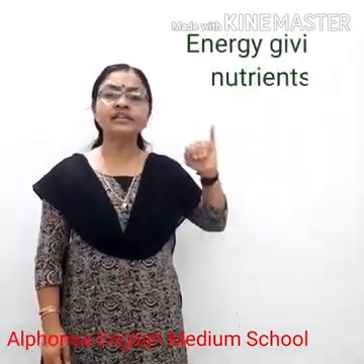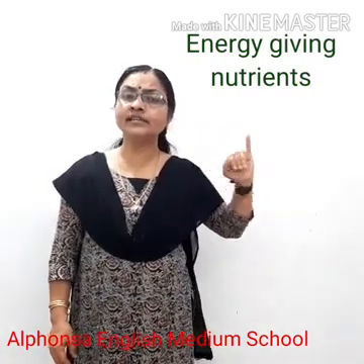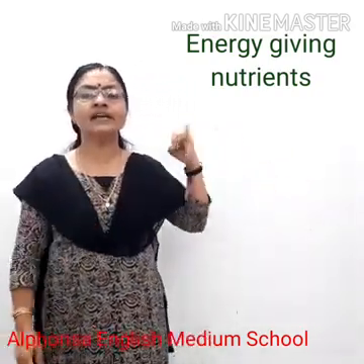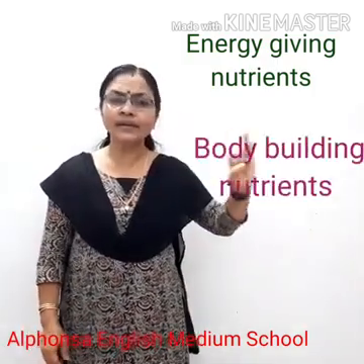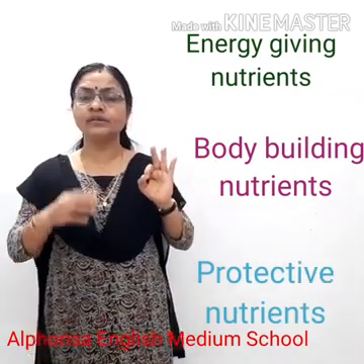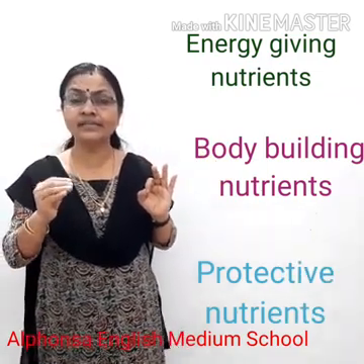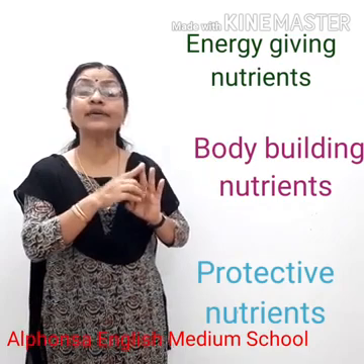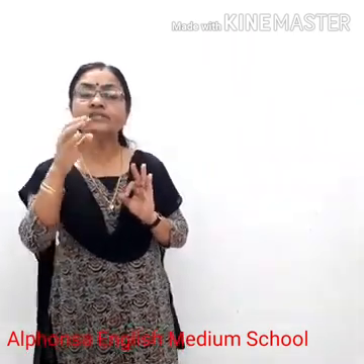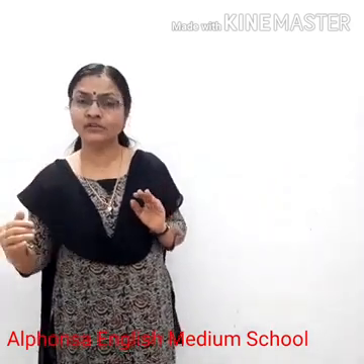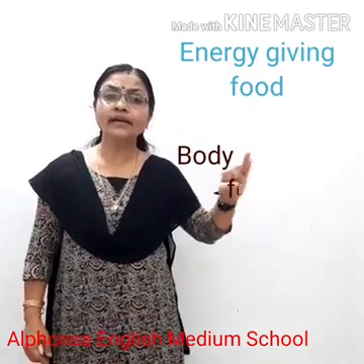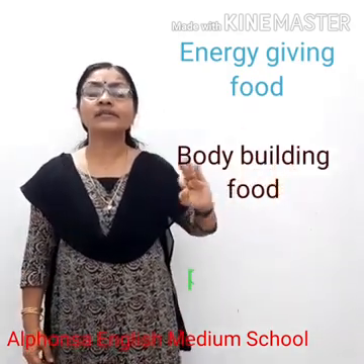They are energy giving nutrient, body building nutrient and protective nutrient. Because the nutrients, vitamins and minerals are protecting us from diseases, we call them protective nutrient. Understood? If we are classifying the food based on the function, we can say it as energy giving food, body building food and protective foods.